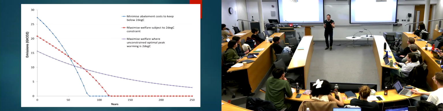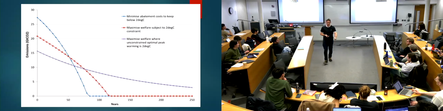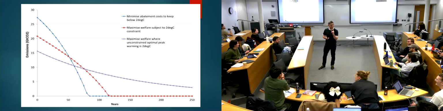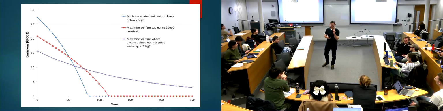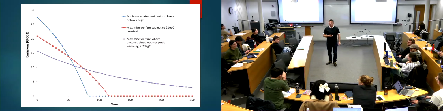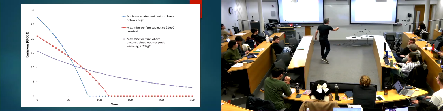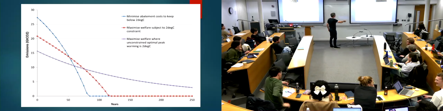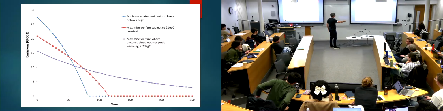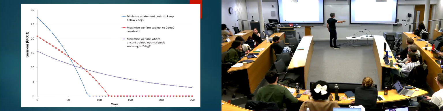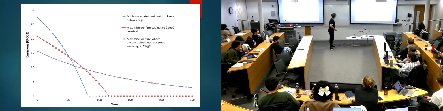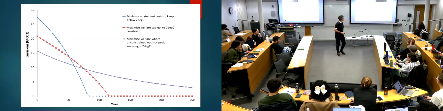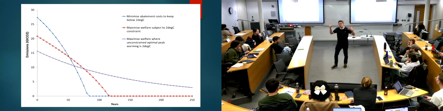But you see the point, the general picture. You also see some highly published papers that have some problems. Unconstrained, optimal peak warmth 2 degrees. Yeah. I'll have a look. Or not.